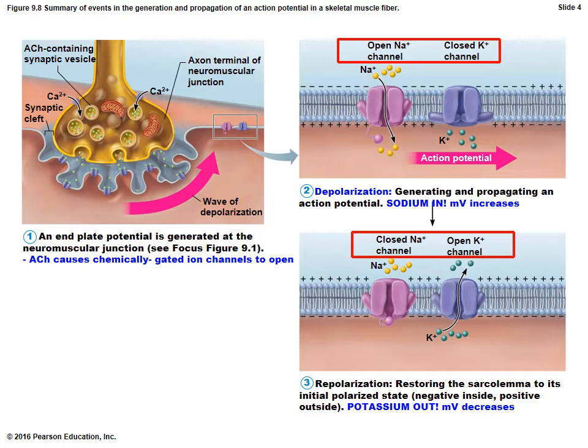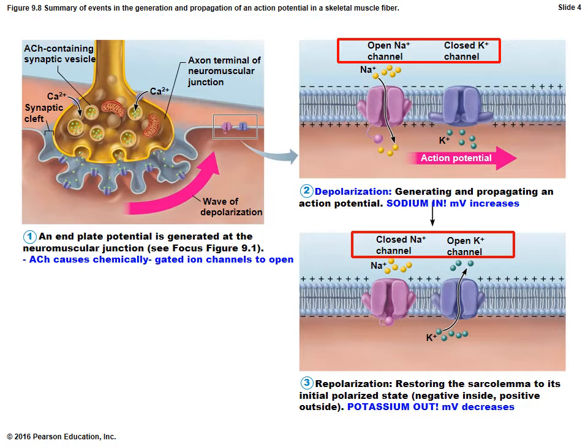And when you open the potassium channels, potassium will come flooding out of the cell, and with it, it will decrease the membrane voltage. It will make the membrane more negative, and we can use that to restore the sarcolemma back to its initial state, back to its resting membrane potential.